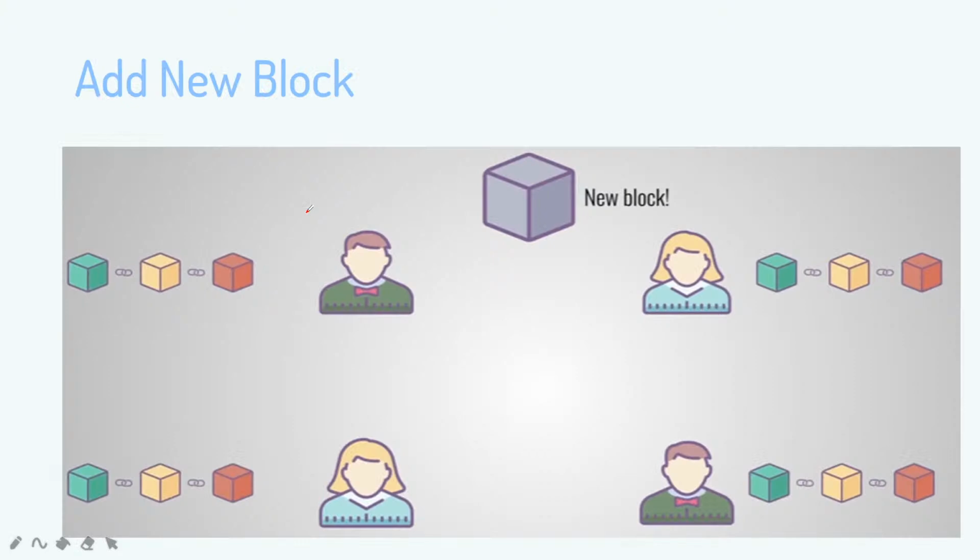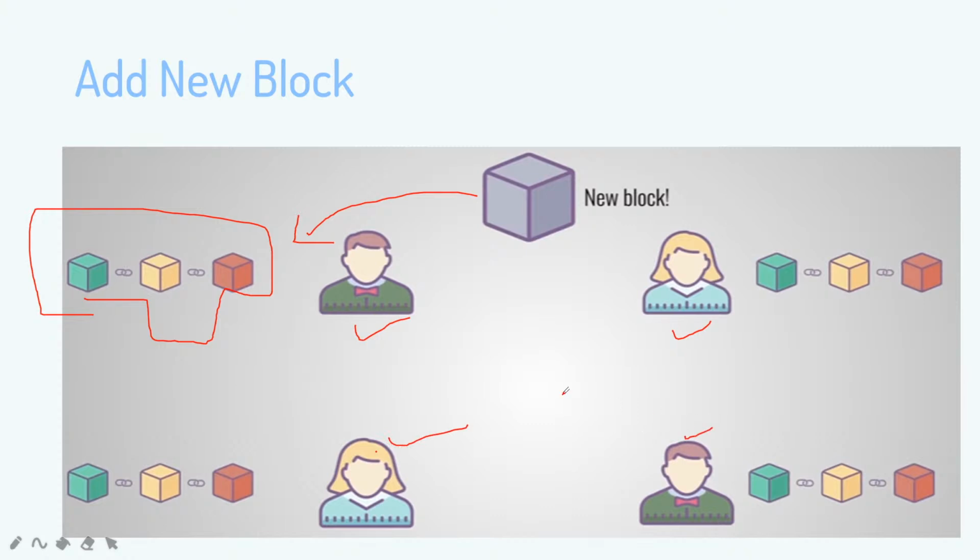So here you can see adding a new block. For example, now I have a set of blocks, and using this set I need to add a new block. If I want to add a new block, I need confirmation from the users.